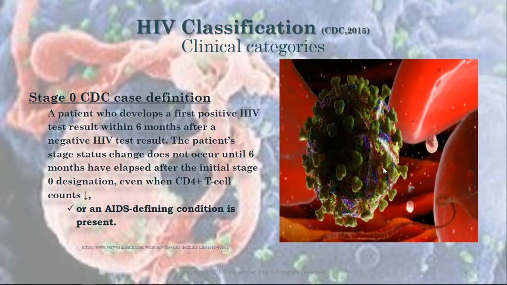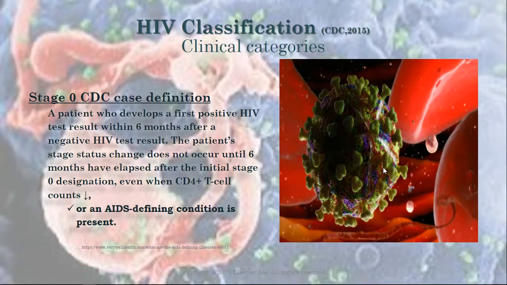So for HIV, there's different ways to classify clinically whether you have HIV. So stage zero, according to the CDC, is when a patient develops a first positive HIV test result.